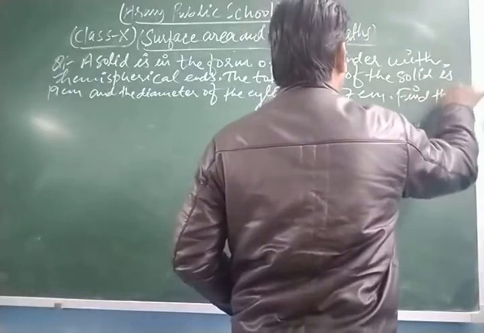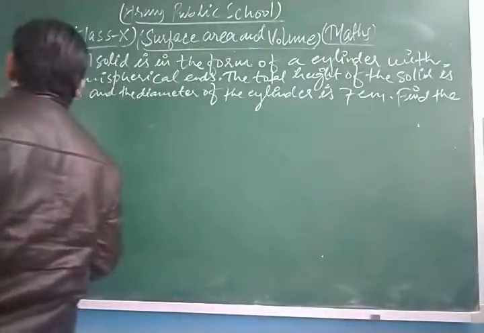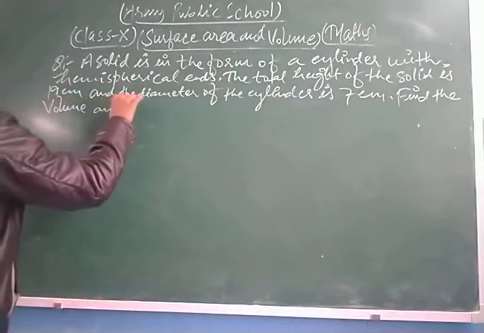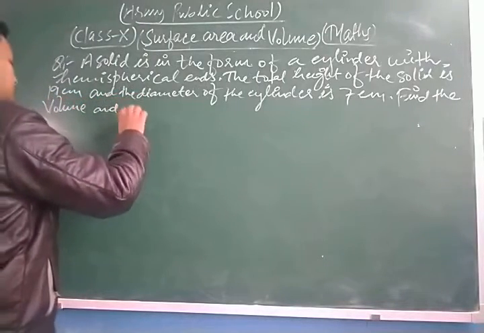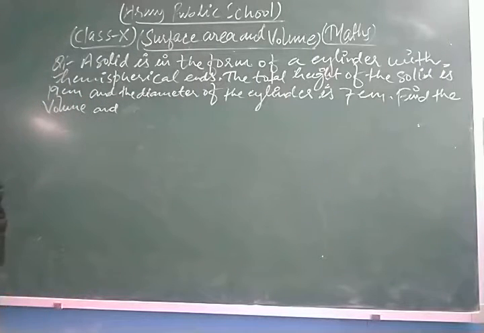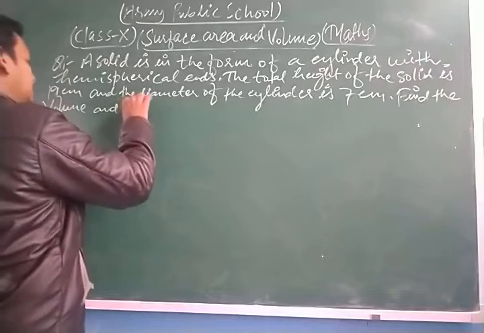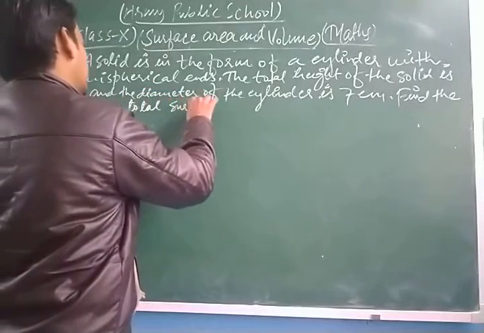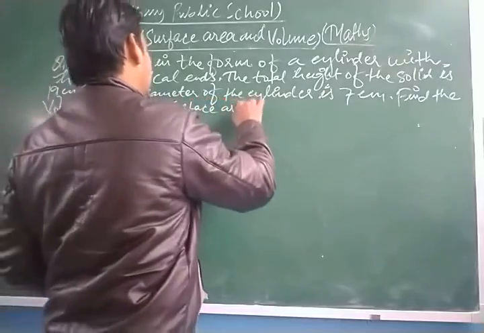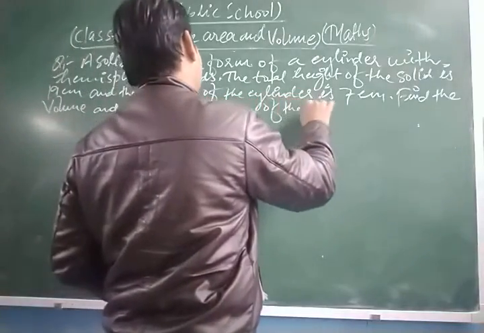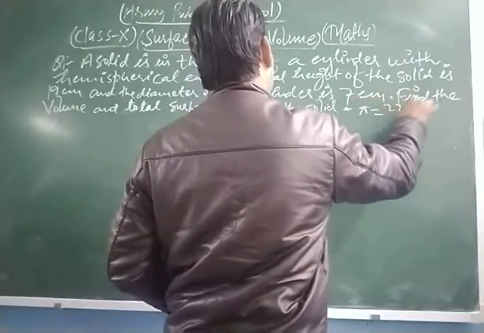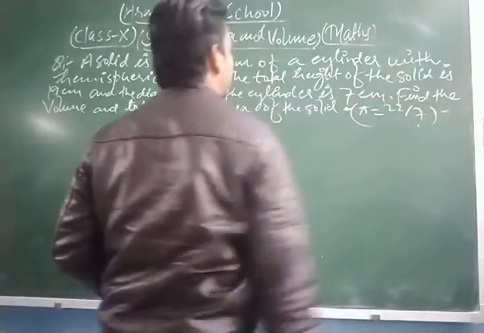Find the volume and total surface area of the solid, and you take the value of pi as 22/7.